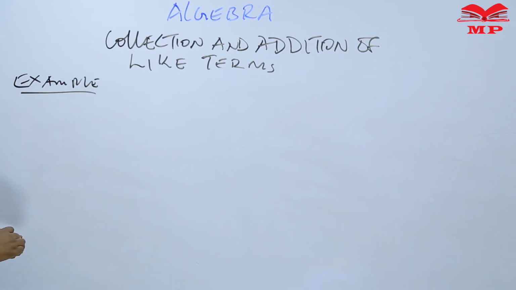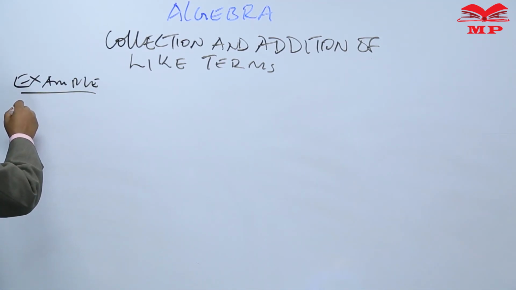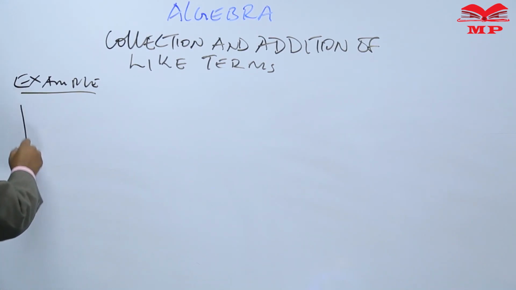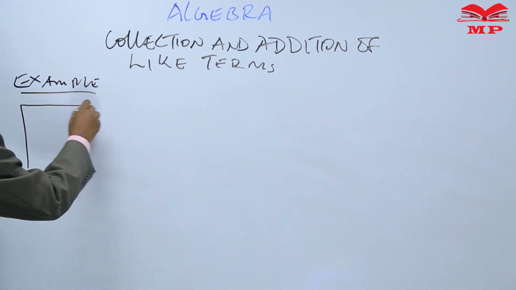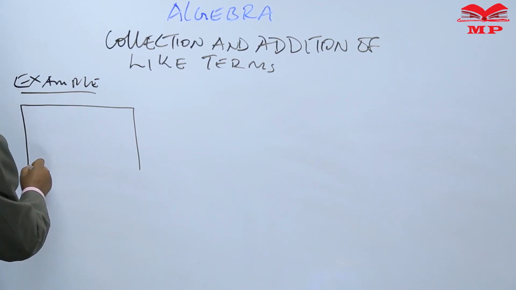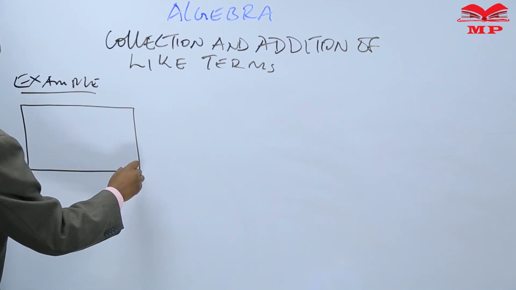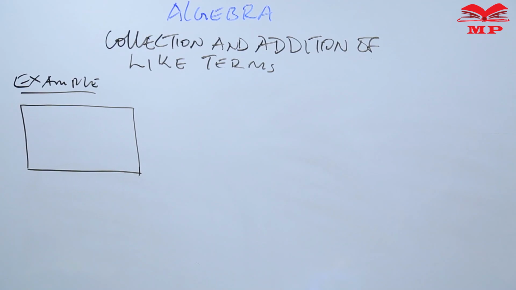I'll draw a table. Let me draw a box. Okay, this is a box.